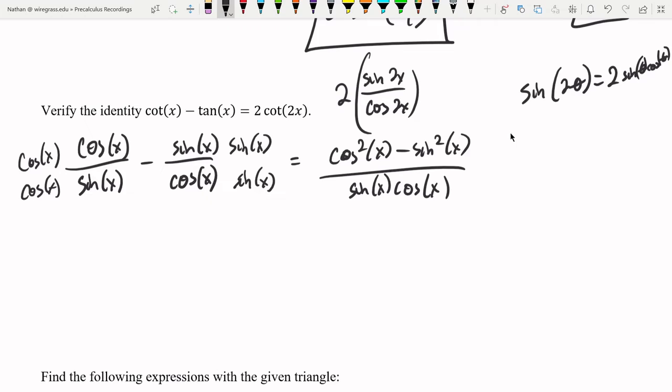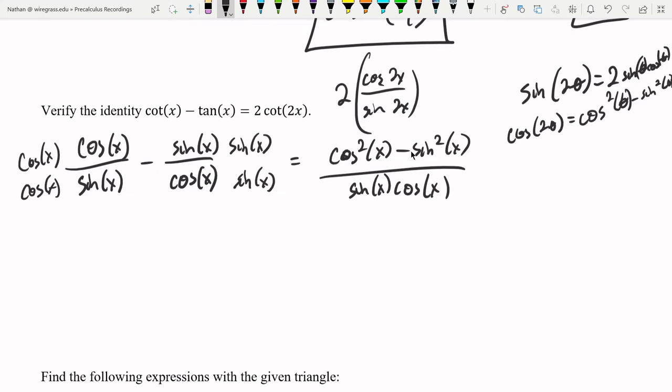And I see that cosine 2 theta equals cosine squared theta minus sine squared theta. I just realized that this is actually supposed to be cosine over sine. It's cotangent, so that's what we get.